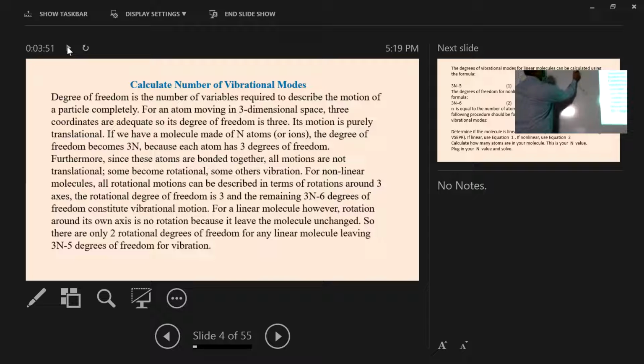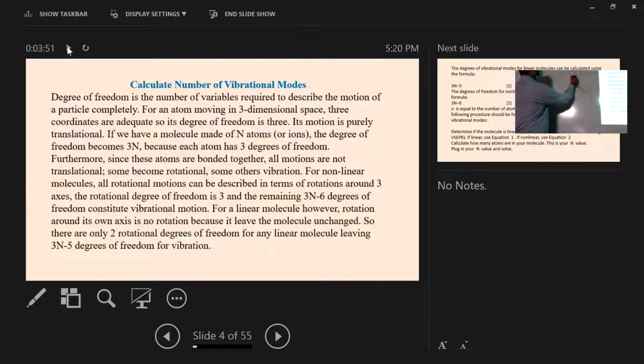If you have a molecule like carbon and oxygen, you have 3 atoms. Sorry, I think I made a mistake; here also n equals 3. So what would be the maximum number of vibrations? If the molecule is linear, we have 3n minus 5.